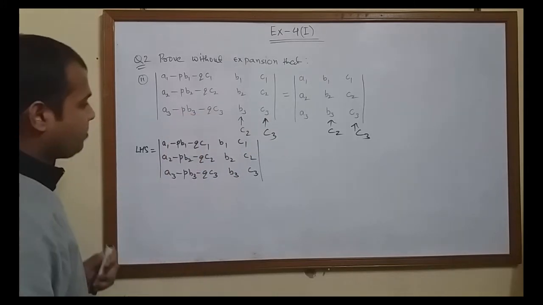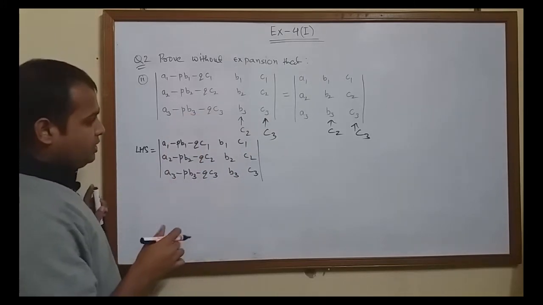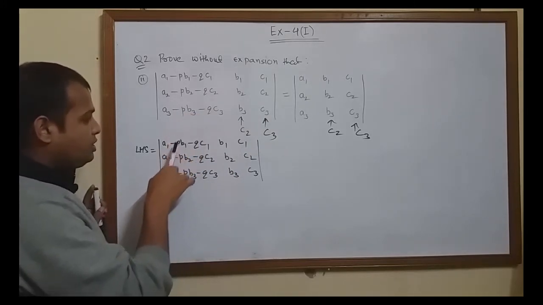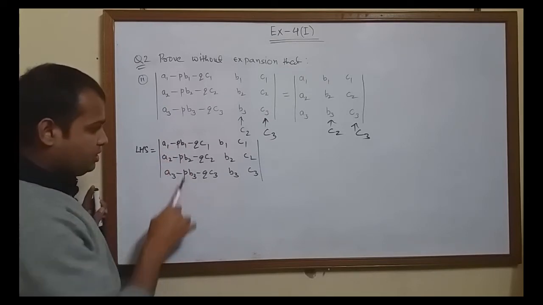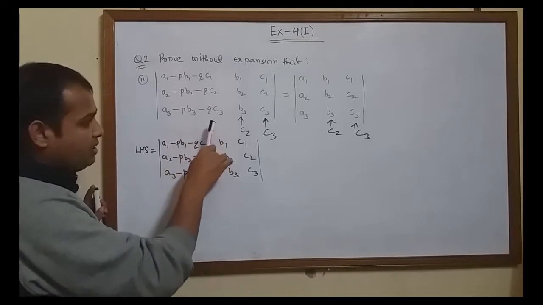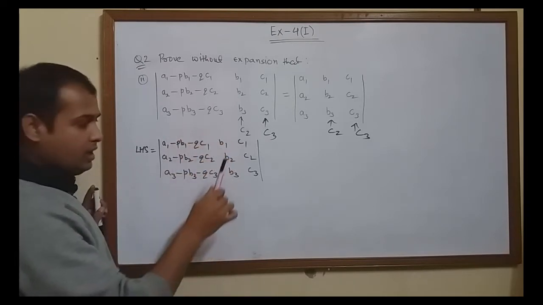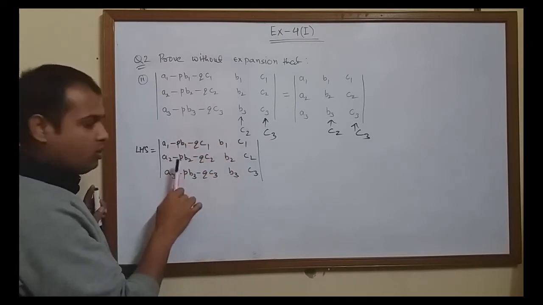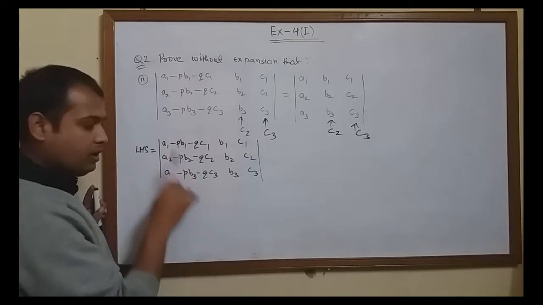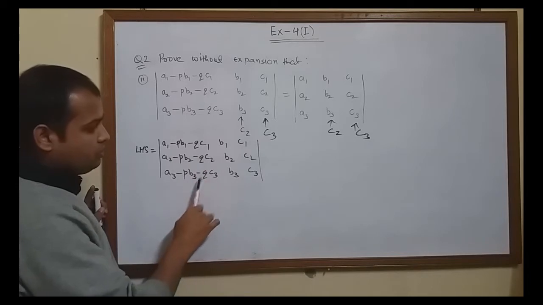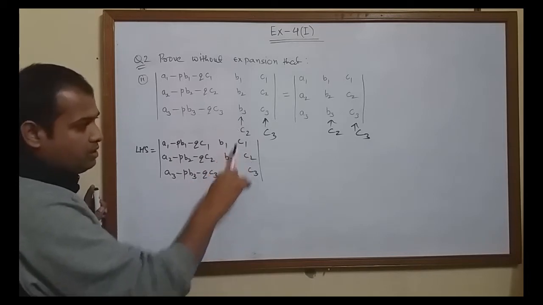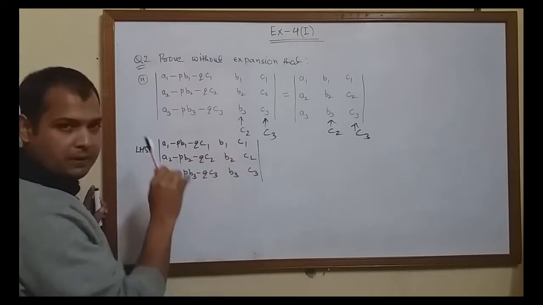So we have got this. Now you can see that this is pb1, pb2, pb3 and I need to get rid of this. If I multiply the second column by p and simply add it to the first column, I'll get rid of this. And to get rid of qc1, qc2, qc3, we need to multiply the third column by q and then simply add it.